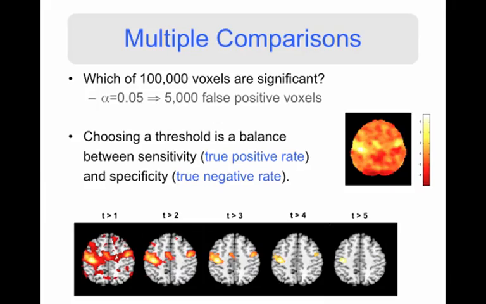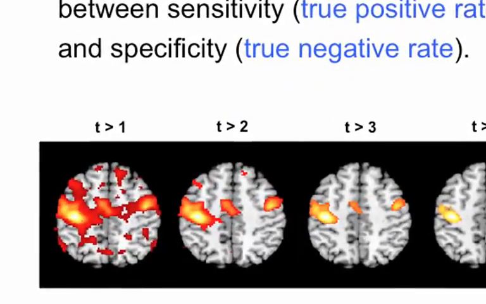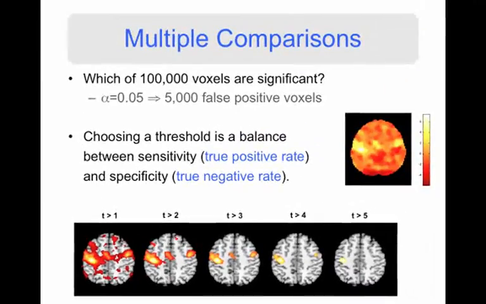So let's take a closer look at these two extremes. If we start with the image to the left, here we have a very lenient threshold. Lots of voxels are deemed active. In this situation, we're pretty sure that we've captured all the truly active voxels. But of course, we can't shake the feeling that we also have a lot of false positives here, voxels that we deemed active that really shouldn't be active.